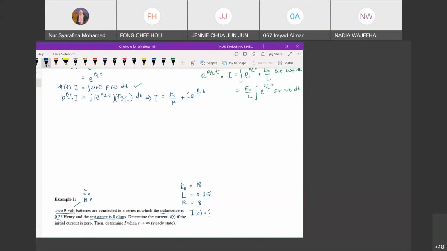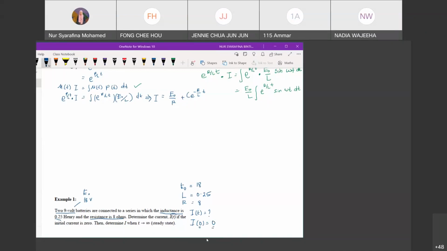Initial current is 0 means I equals 0. What about t? Zero. Yes, okay. So the given condition is I naught equals 0: when t equals 0, I equals 0.